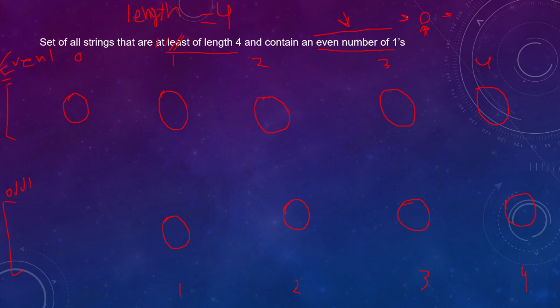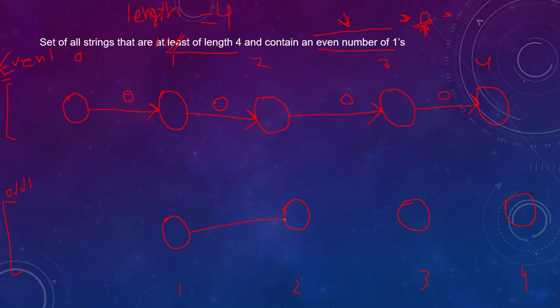But what 0 does is that it increases our length because it is a symbol, right? So getting a 0 means the length of our string has been increased by 1. If we are at length 0 and we get a 0, our length will be 1, and similarly from length 1 to length 2, then 2 to 3 and 3 to 4, right?